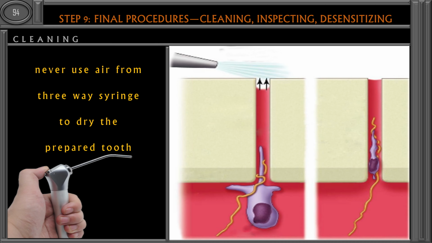If you are using the air from a 3-way syringe, it can cause damage to the odontoblast processes which are present close to the dental pulp, inside the dentinal tubule. So the air from a 3-way syringe should never be used for drying the tooth preparation.